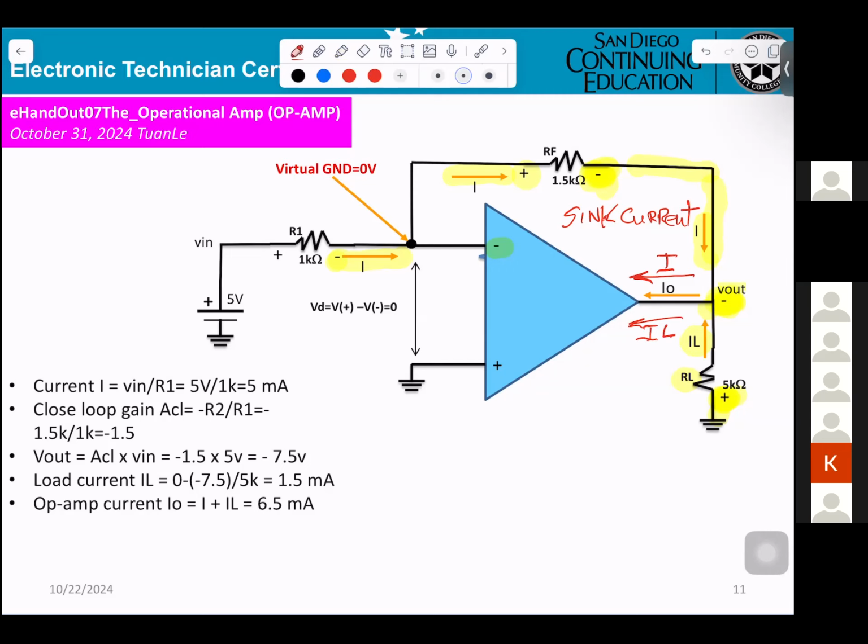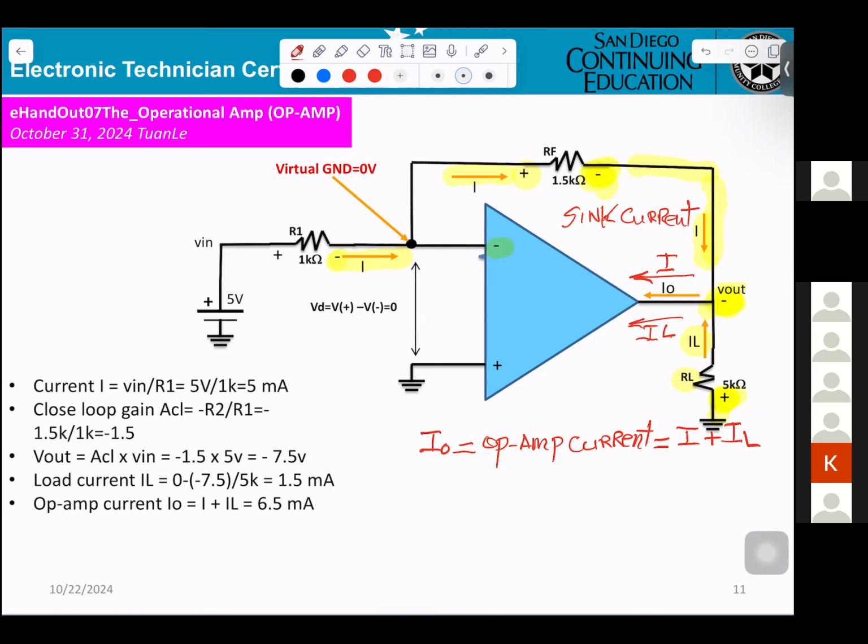If you're looking at the picture, you see they draw IO, the output current of the op amp. Now they will be equal: IO and IL.